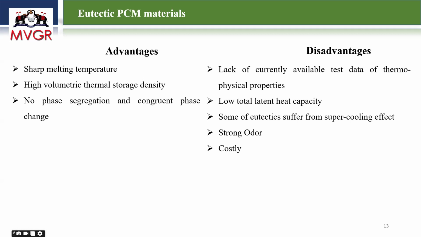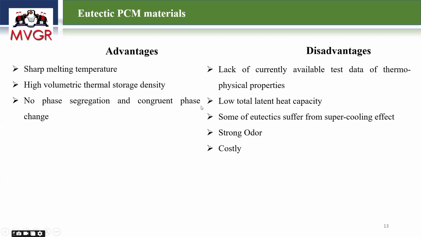Like binary mixing, you can combine two materials and make a new component. That is what you call eutectic. The advantages of these eutectic materials are sharp melting temperature and high volumetric thermal storage density, and no phase aggregation will happen. These are the main advantages.